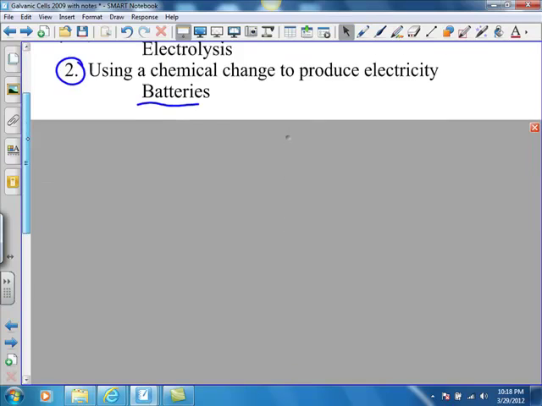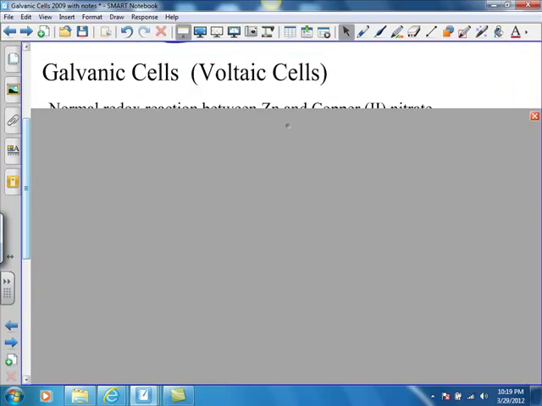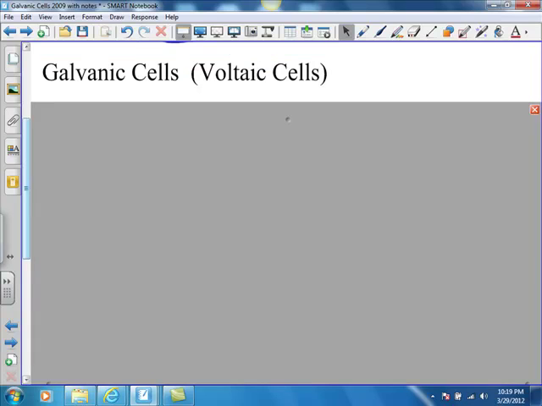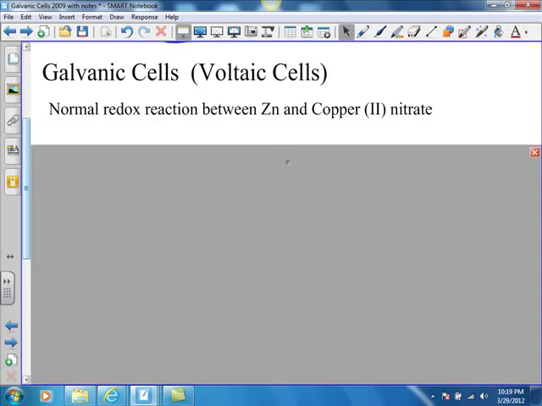Now, this type of cell is actually called a galvanic cell, or they're called voltaic cells. And again, it depends on the instructor, the textbook, who wrote the textbook, and all that. So galvanic cells or voltaic cells are kind of where we're going here.